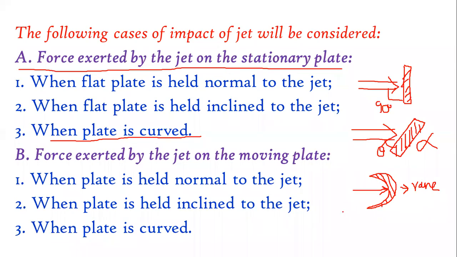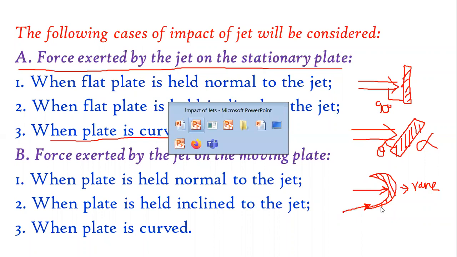The second case is when the jet is striking on one end of the curved vane, and the curved vane is symmetrical. And the third case is the jet striking on the side of the curved vane, but the curved vane is unsymmetrical. So these are the three types, and we are going to derive the formula for all three.